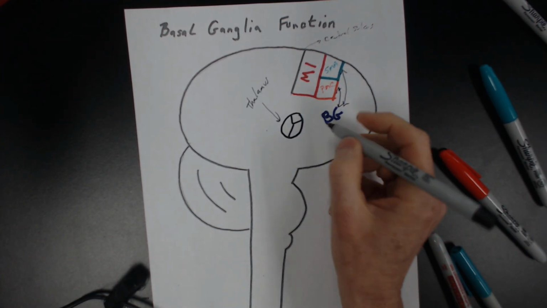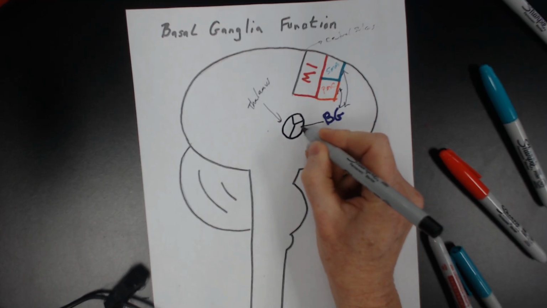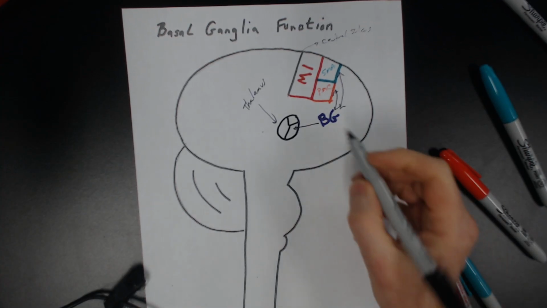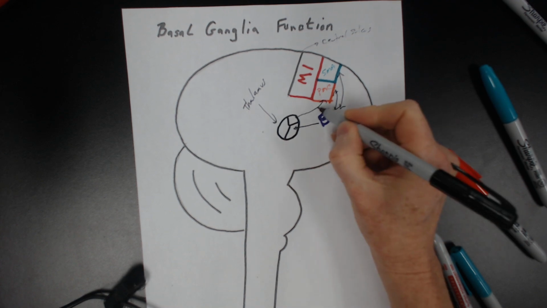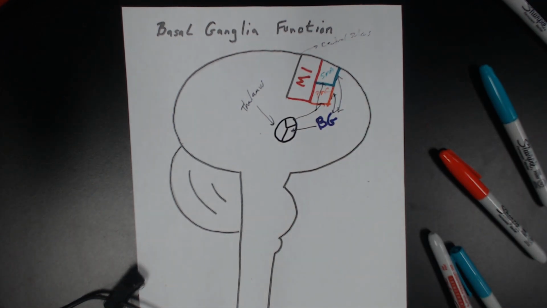And then there's also, today you're going to find out that the basal ganglia talks directly to the thalamus, and that thalamus in turn sends information back up to the PMC and SMA. And this is going to be all information involved in motor planning.